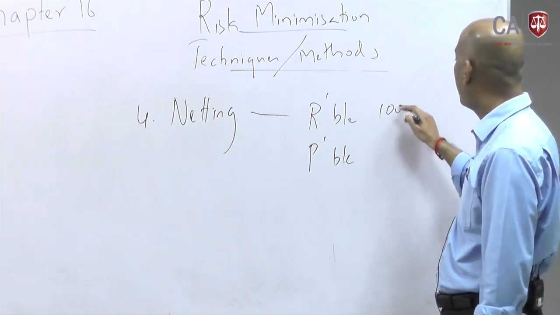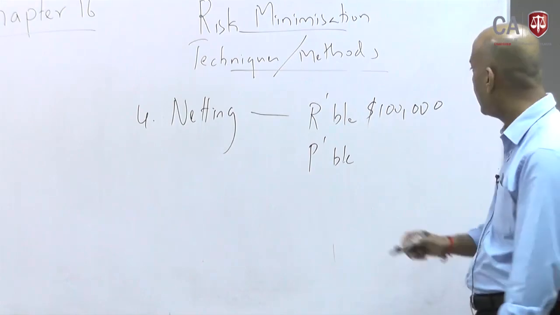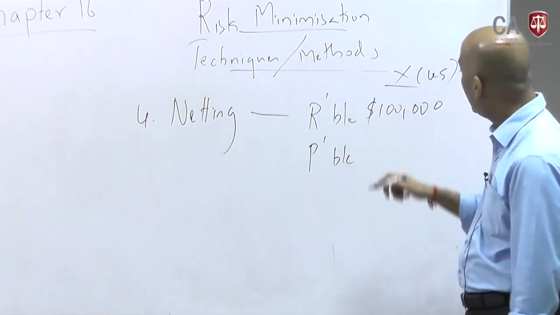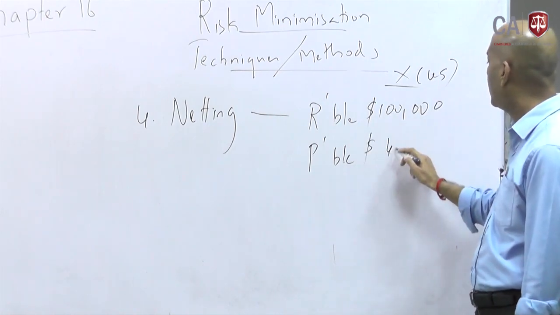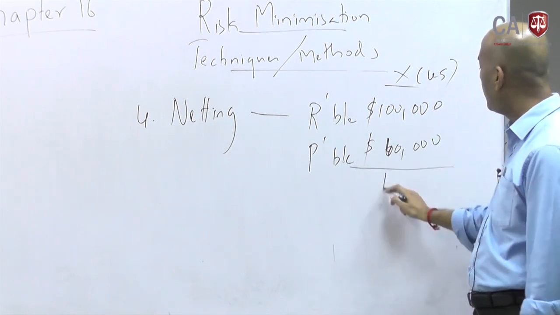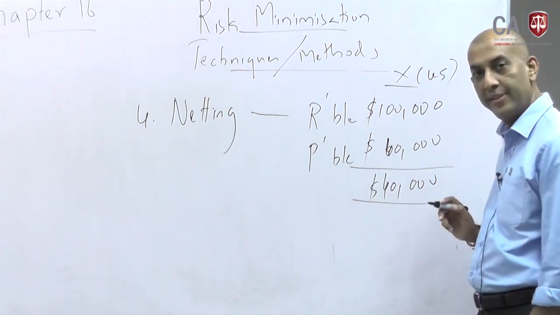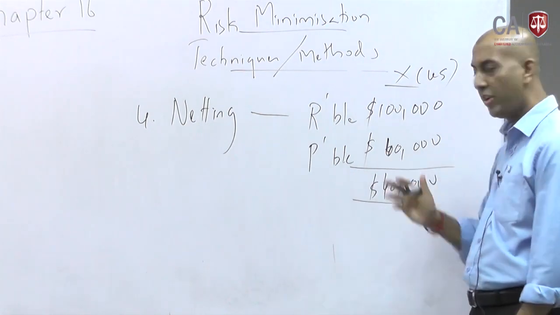For example, you have a receivable from one company, say X company, in another country, say the USA, of 100,000. With the same company, you might have a payable of 60,000. So actually speaking, your receivable is how much? 40,000. You have a receivable, you have a payable, and the net amount is 40,000.